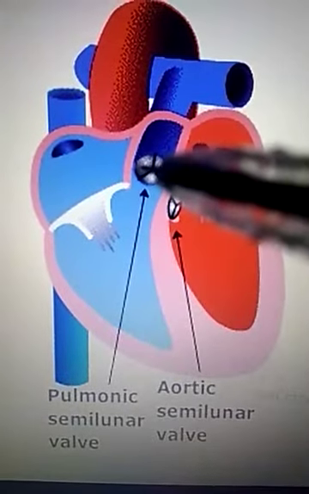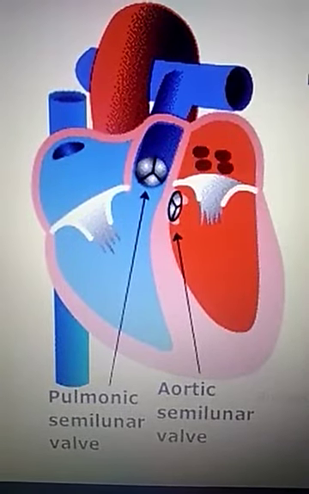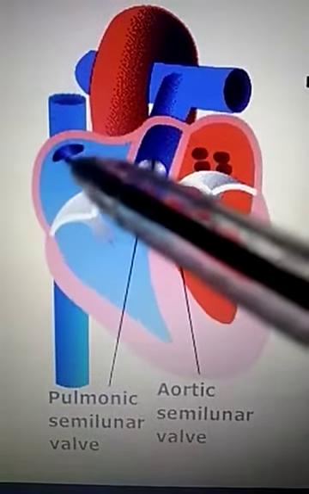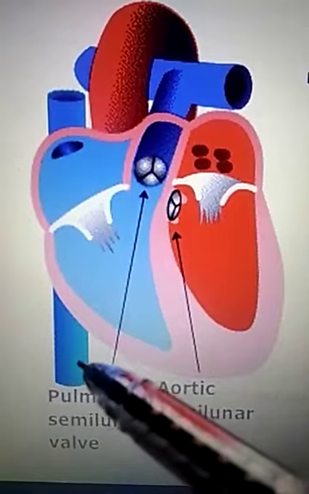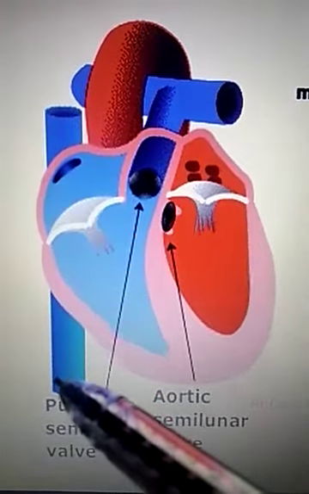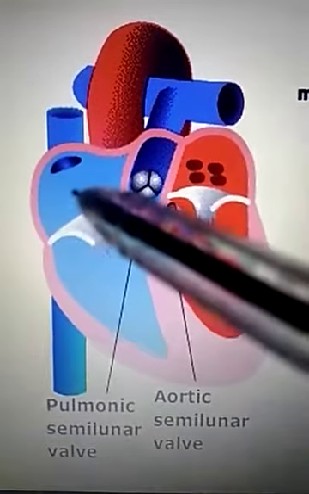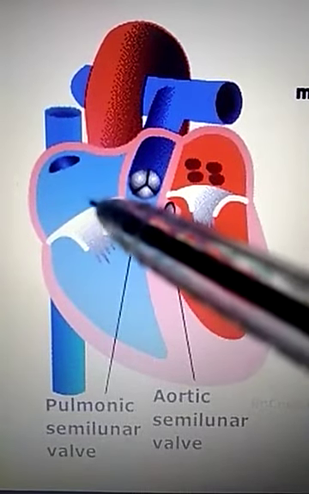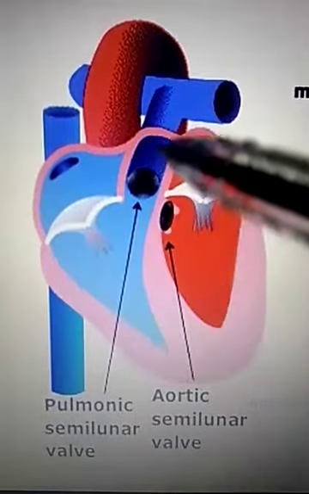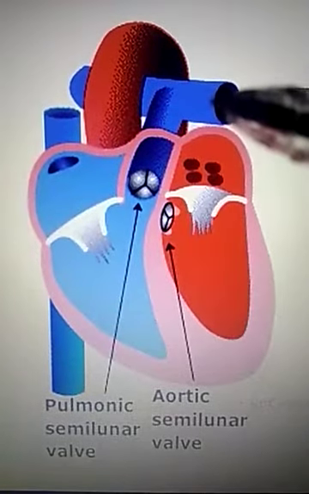So you have already understood in the previous video about the structure and function of the heart. Let me revise: the superior and inferior vena cava bring the deoxygenated, or carbon dioxide rich, blood to the right atrium. The right atrium pushes the blood into the right ventricle, and from the right ventricle it is pushed to the pulmonary artery.